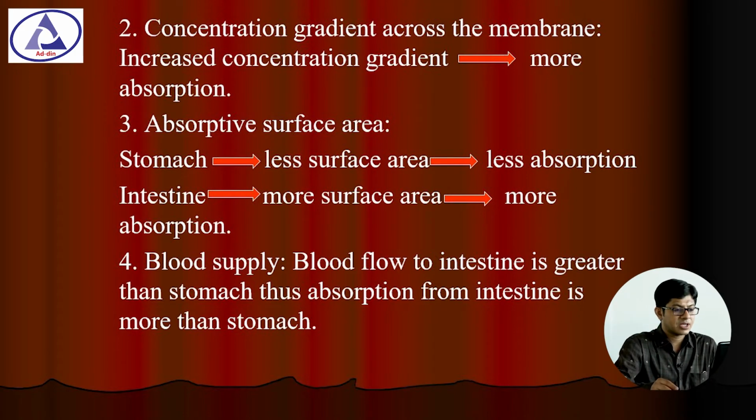Number 3, absorptive surface area. We know more surface area, more absorption. Stomach has less surface area, so less absorption occurs, and in the intestine, as the surface area is more, more absorption occurs. Blood supply: blood flow to the intestine is greater than to the stomach, thus absorption from the intestine is more than from the stomach.